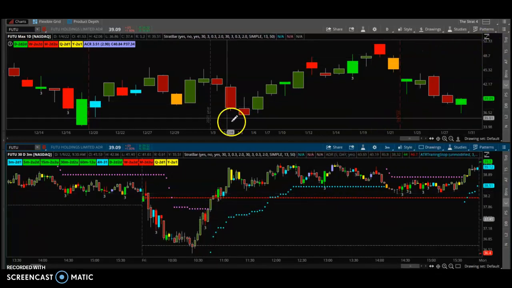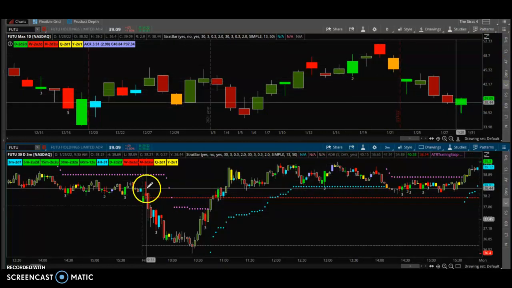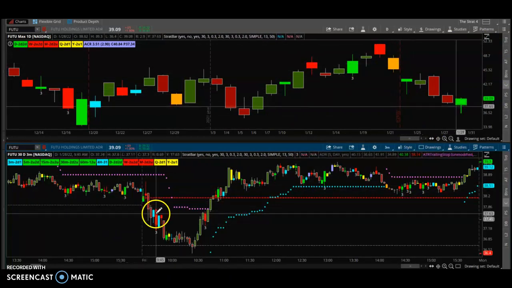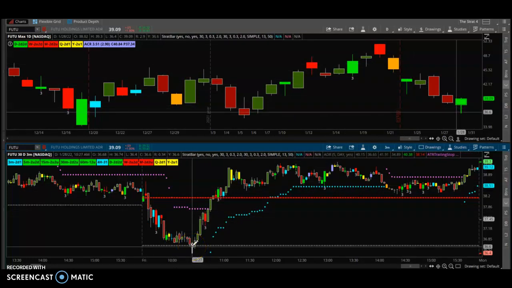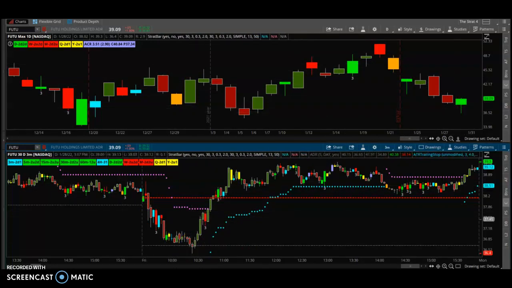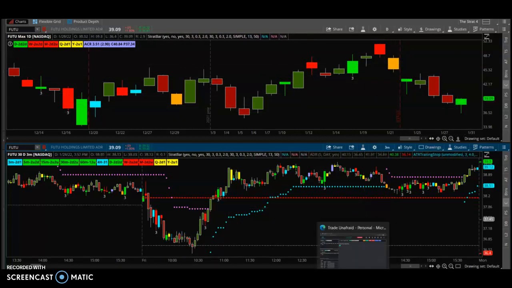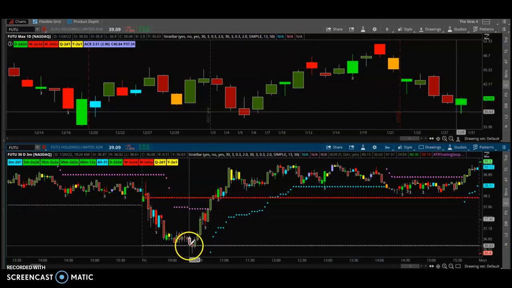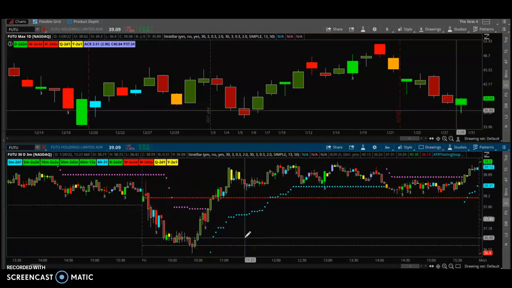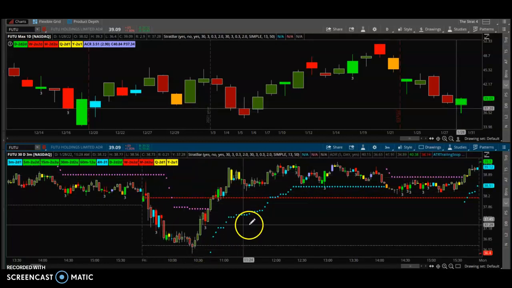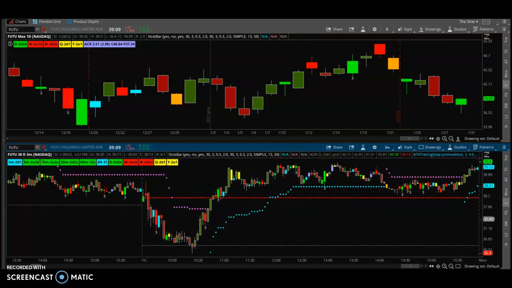So let's go to Trade Unafraid and see how we can create a trading plan to trade the daily breaks with gap fills, and a sensible stop loss and profit taking strategy.